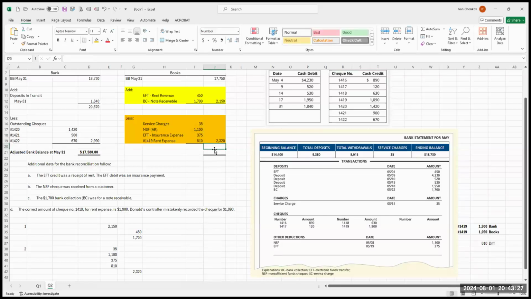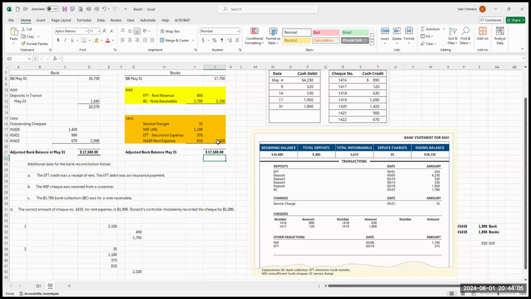Once we get the total, we can check whether the adjusted book balance at May 31st will be exactly the same as the adjusted bank balance. So let's see how this is going to work. This amount plus this amount minus this amount should give us $17,580, which is exactly the same as our bank balance.